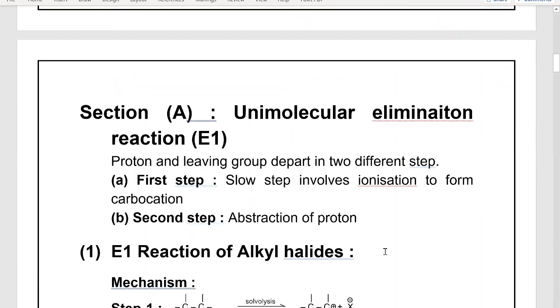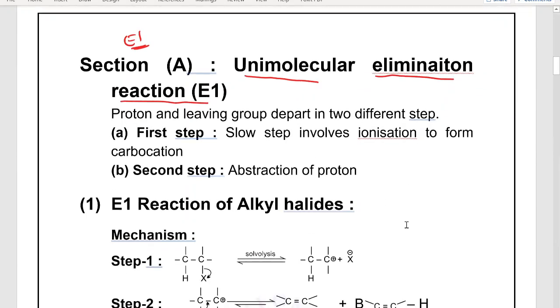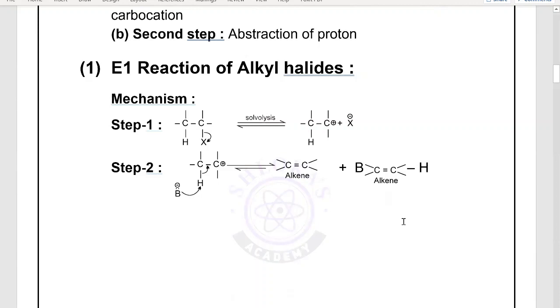First, let us discuss E1 reaction, which is unimolecular elimination reaction. First let me explain what the reaction mechanism is, why it is called E1 elimination, how it could be unimolecular, and how it could be a first order reaction.